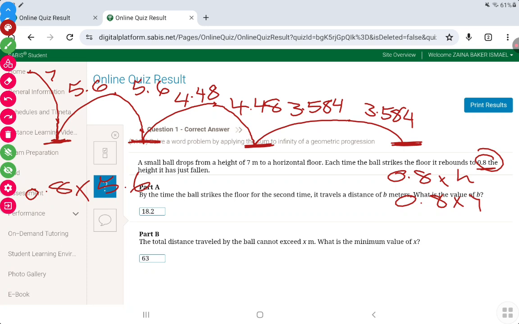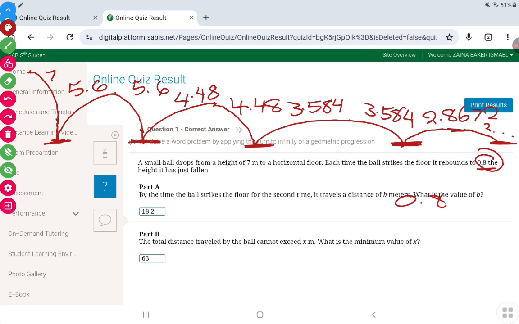Then it's going to rebound again. 3.584 times 0.8 is 2.8672. And then it's going to fall the same amount, okay? I can't fit it in, but yeah.